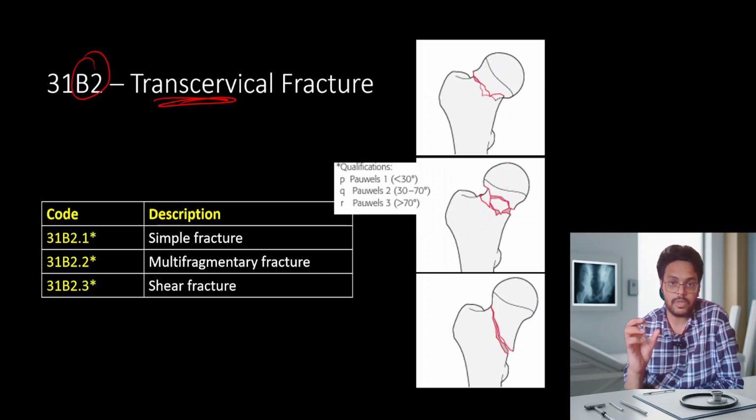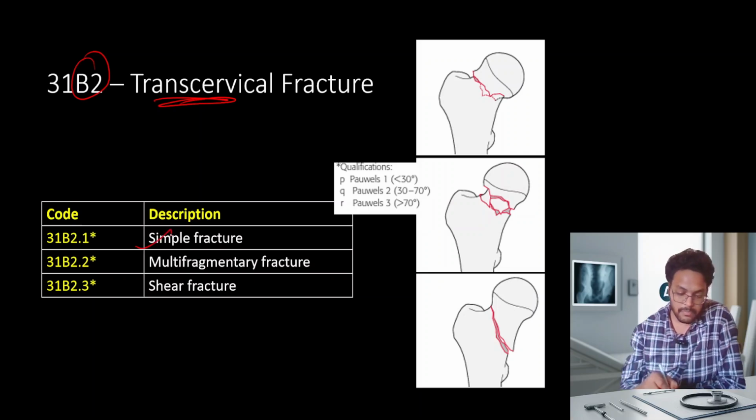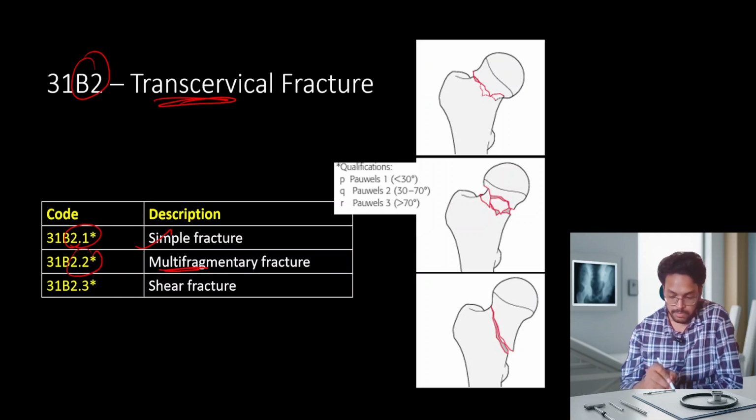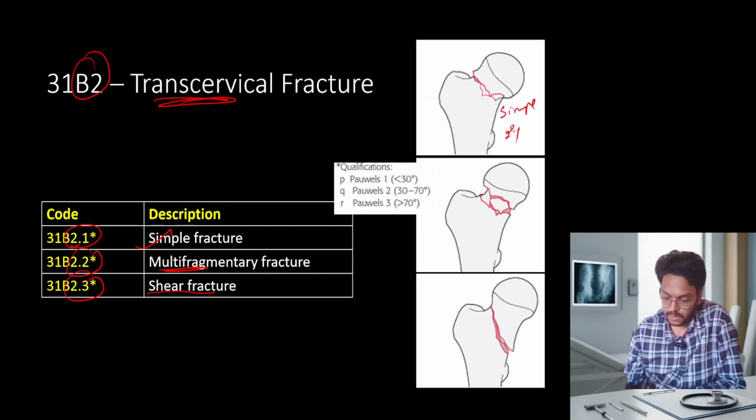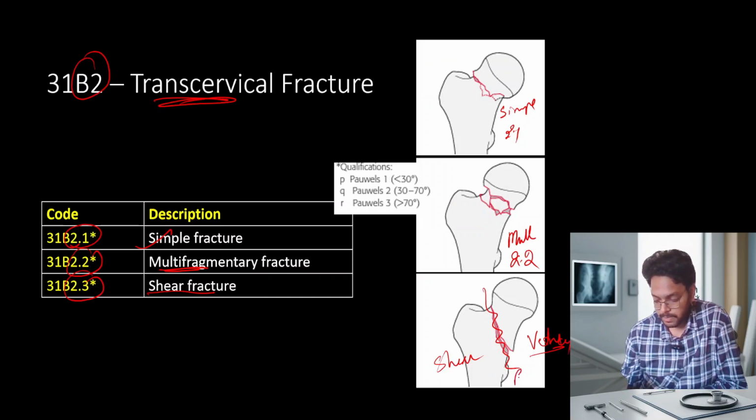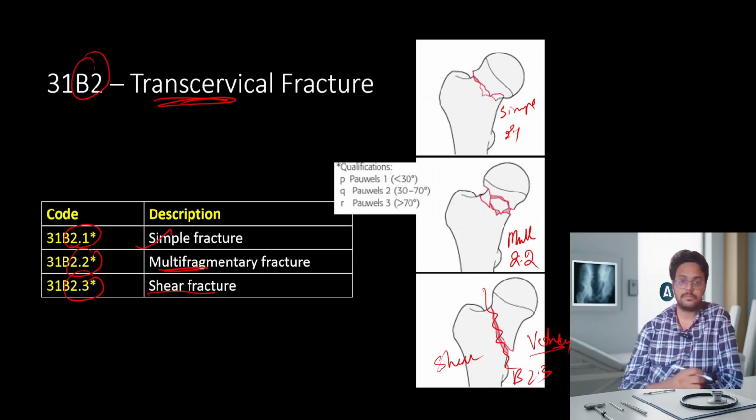For the mid portion of the neck, a simple fracture is 2.1, multifragmentary is 2.2 and a vertical shear fracture is 2.3. Vertical shear fracture is B2.3.